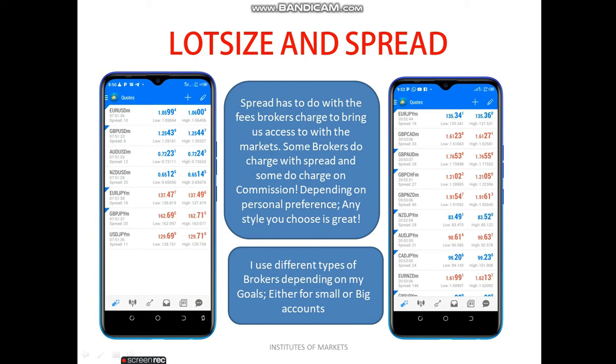If you see 15, it's actually 1.5. Like this one is 1.2, AUD is 1.2. Then this GBP that you are seeing, 8, is actually 0.8. These spreads are for Euro USD, GBP USD, AUD USD, NZD USD. All these are major pairs.